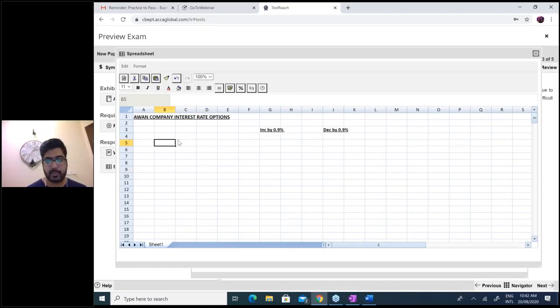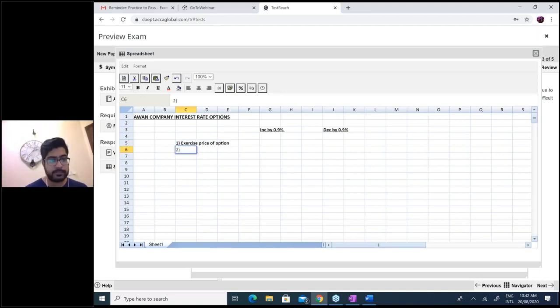So there are some steps which you need to follow in this. The first step, exercise price of option. Okay.